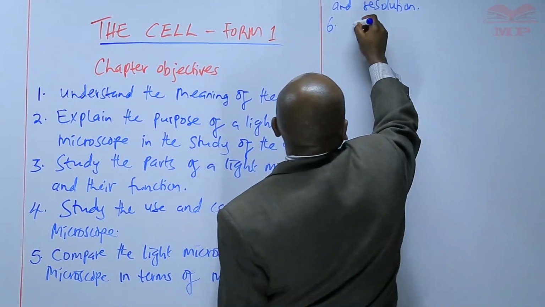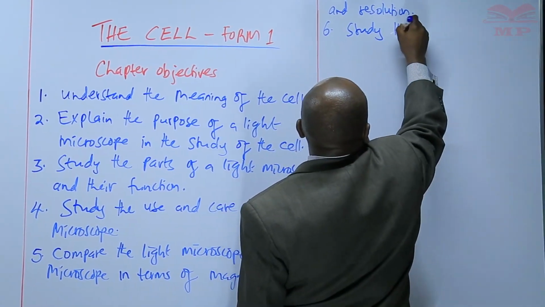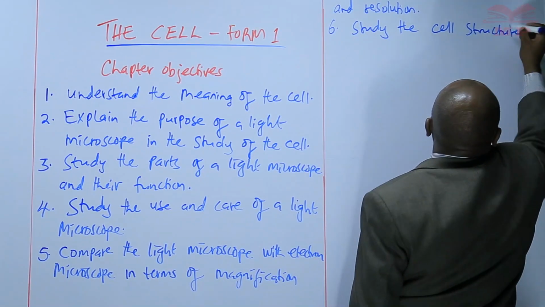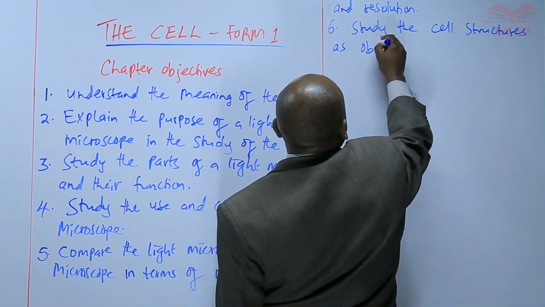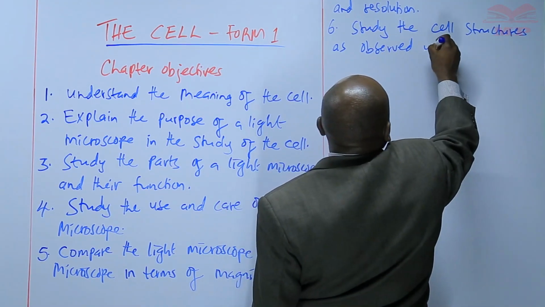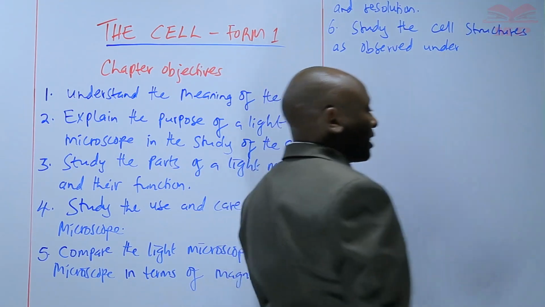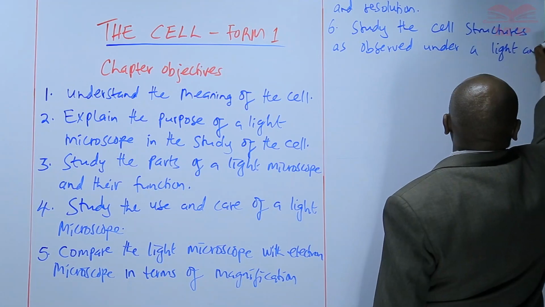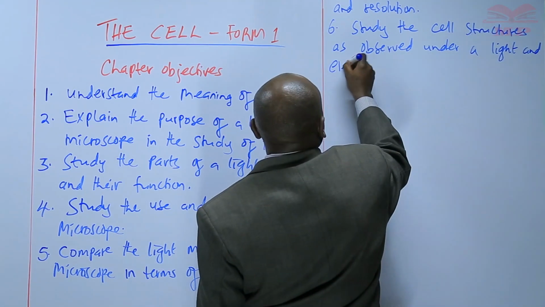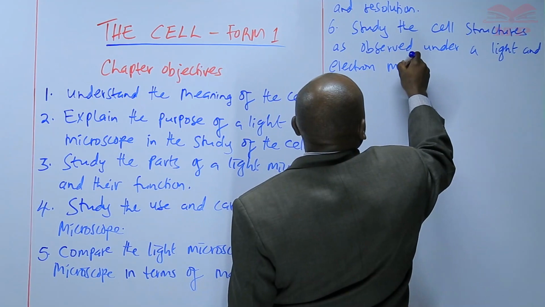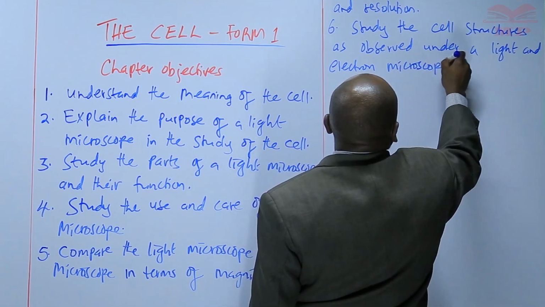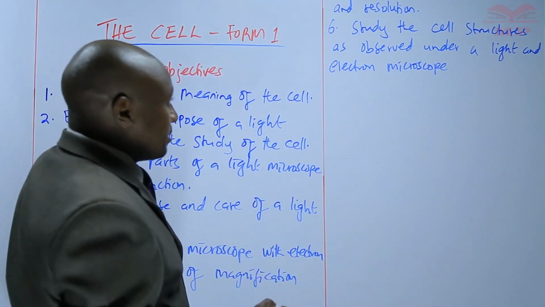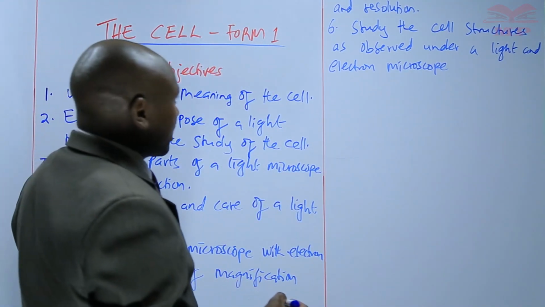Number 6, we'll study the cell structures as observed under a light and electron microscope. So we shall study the cell structures as observed by both types of microscopes, that is light and electron microscope.